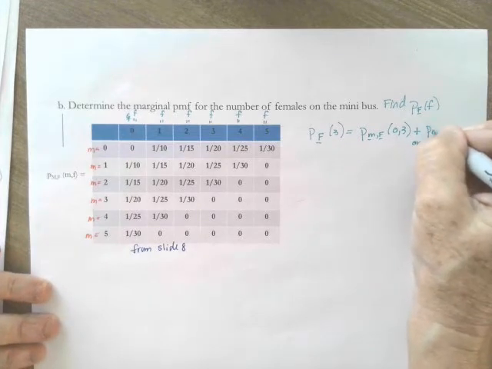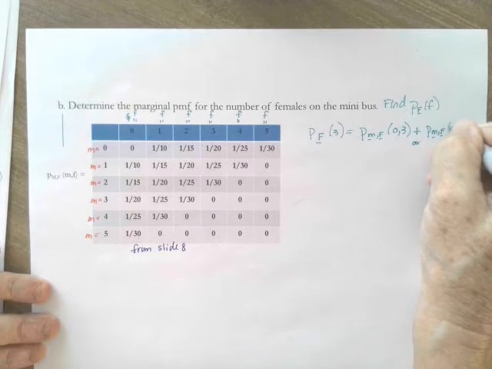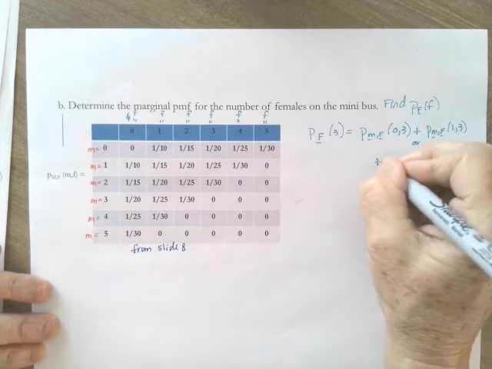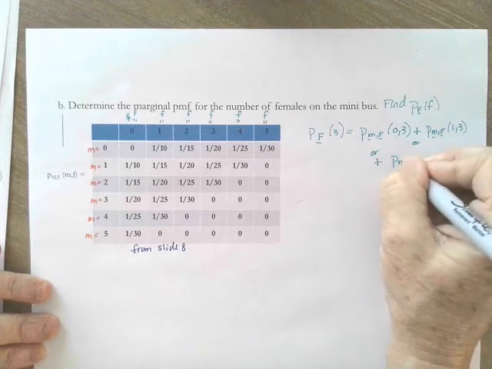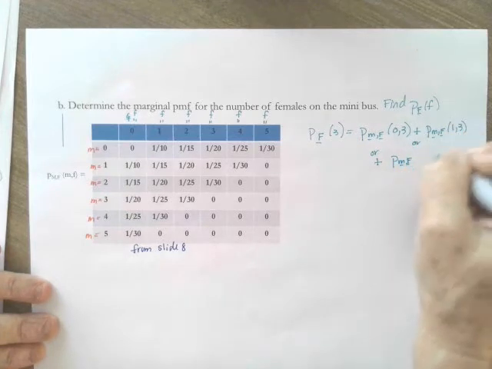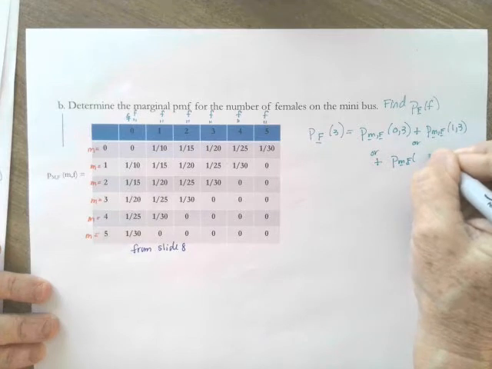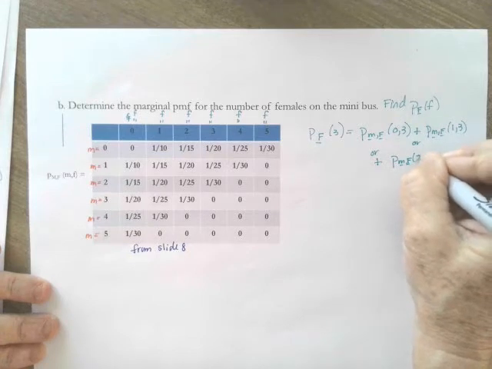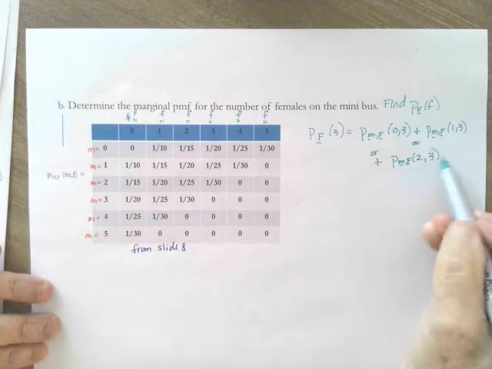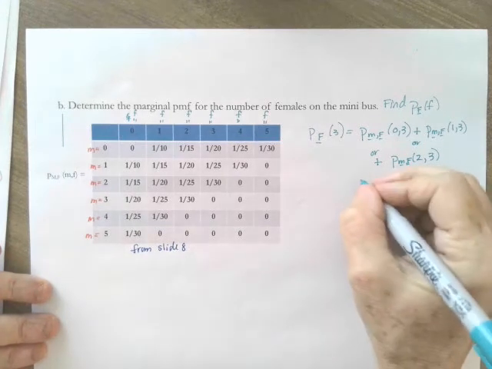Or we can have F is 3 when M is 1, or we could have F is 3 when M is 2, and then we can't go any further because that means that we have 5 passengers on the bus.